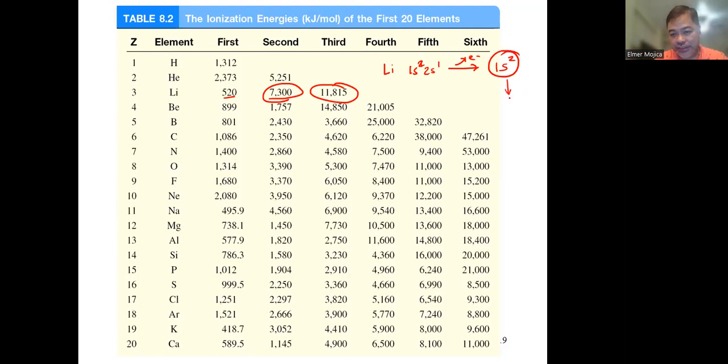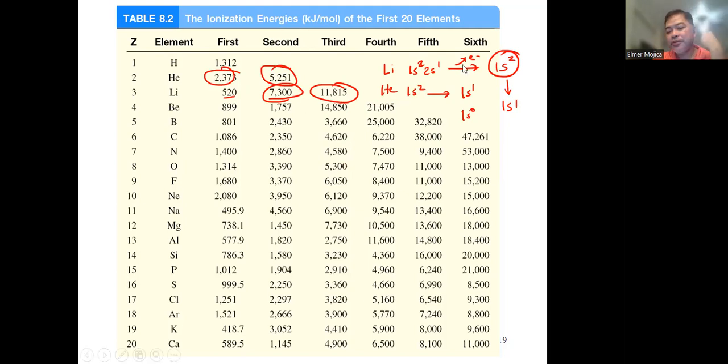So to make it 1s1, you're going to need a higher energy. For instance here, He, that's just 1s2. To make it 1s1, this is the amount of energy. To make it 1s0, you're going to need a higher energy.